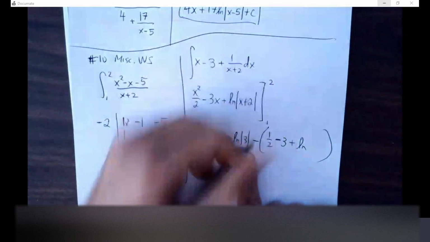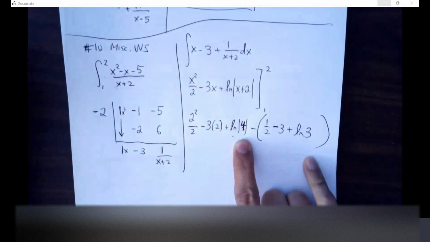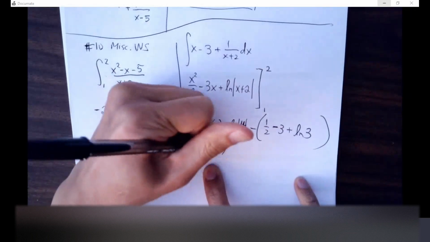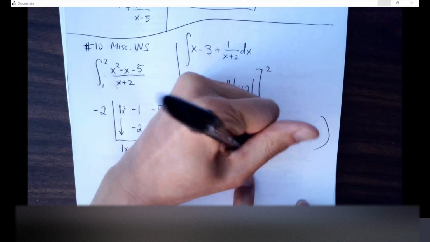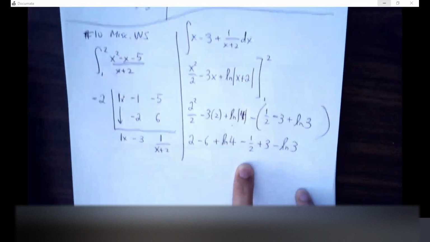Oh, I messed up. This is 4, right? Not 3. So this is 2 minus 6 plus natural log of 4 minus 1/2 plus 3 minus natural log of 3.